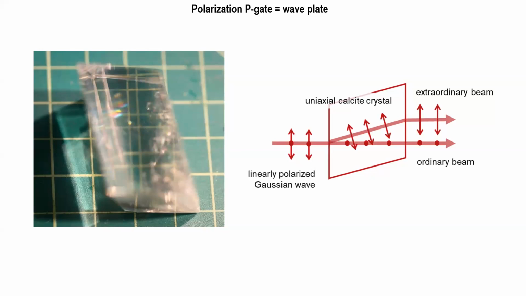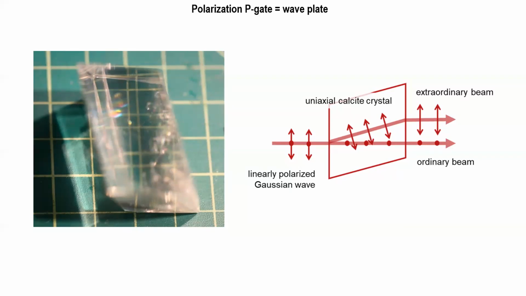A birefringent crystal is a crystal where light with different polarization propagates through the crystal with slightly different velocity, with slightly different speed.